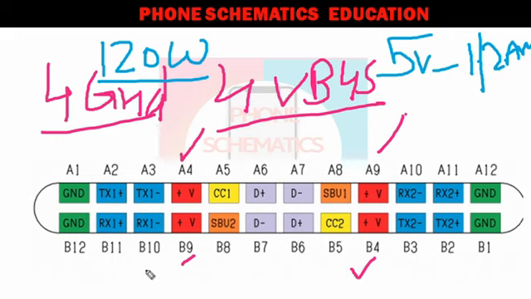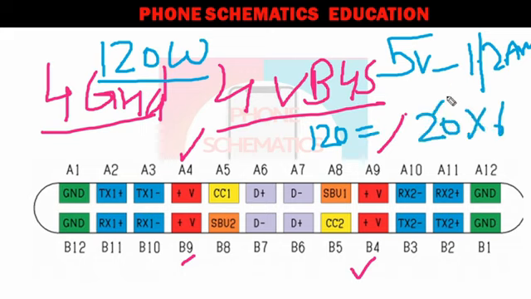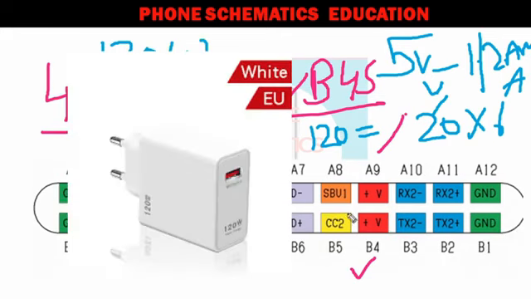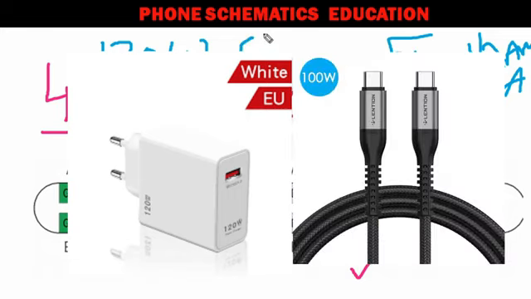Now 120 watts equals 20 multiplied by 6, where 20 is the voltage and 6 is the amperage. 20 volts 6 amperes, or some 20 volts 5 amperes, 100 watts. Here a 100 watt charger for fast charging. You will see nowadays companies give this type of charger, also with a C to C cable.